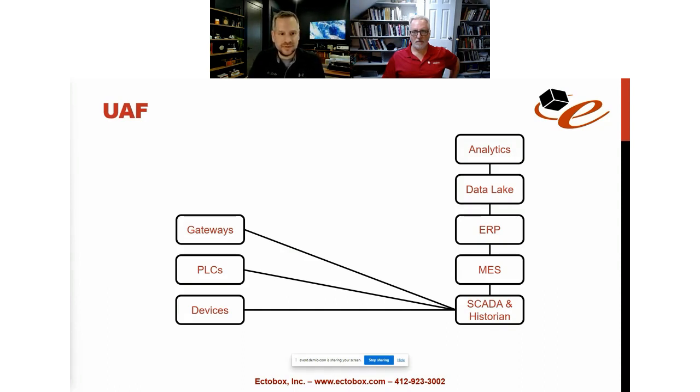It was the UNS message that started to really gain some traction. And it was mainly not because of the gateways, PLCs, devices connecting to SCADA and Historian, right? That's not really been the problem. Kevin, you push back if you disagree with me on that, but it's mainly that vertical stack integration that has been the problem, because those little lines going from SCADA to MES to ERP to data lake to analytics aren't simple little lines.